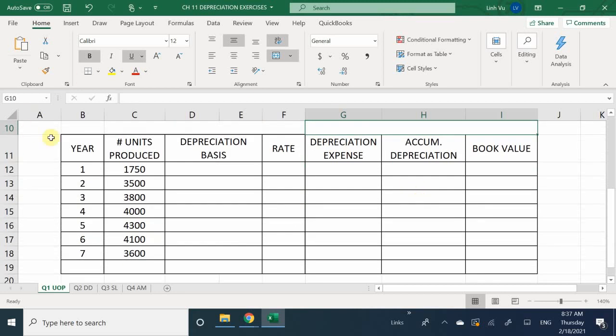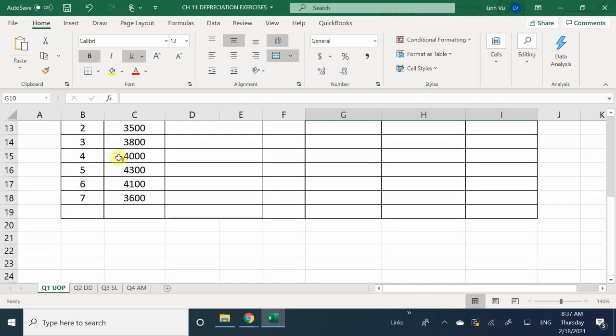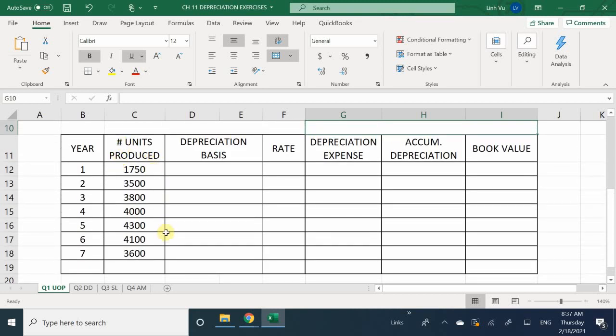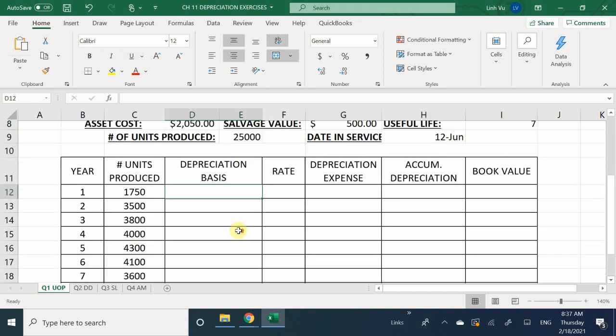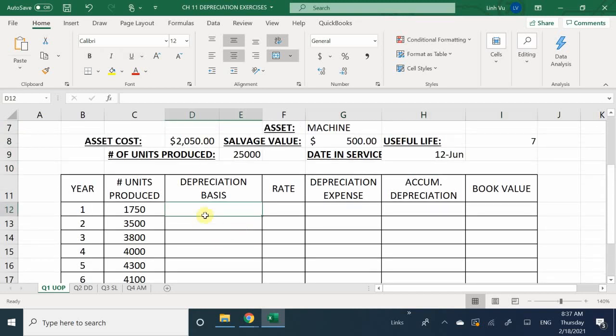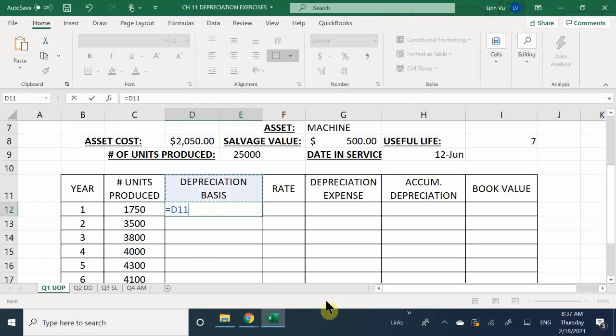Now that we have, on my left panel, the total number of units that I produced that year, let's dive right in. First things first, what is a depreciation basis? 1550.